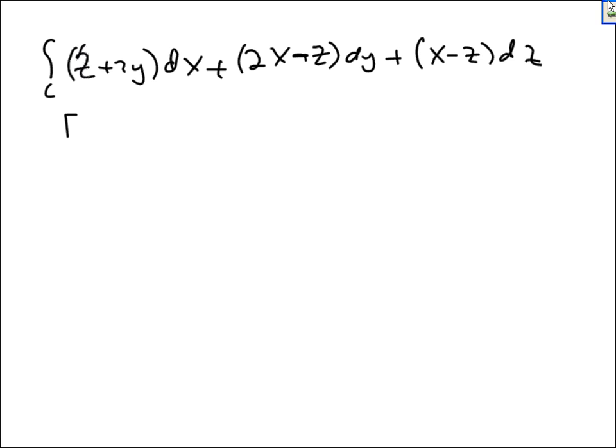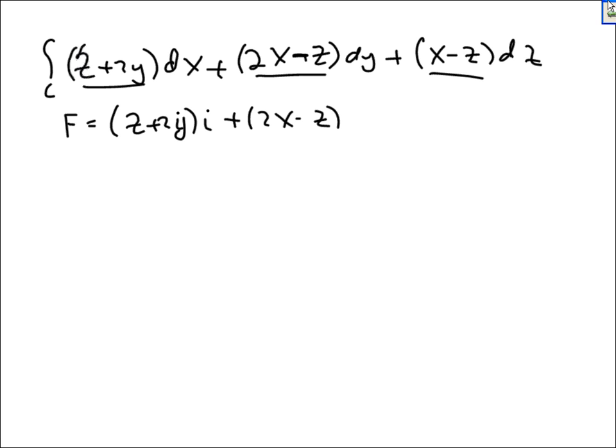Now, if you call F this i plus this j plus that k, z plus 2y i plus 2x minus z j plus x minus z k, you can figure out that the curl is 0. You can do that calculation and you can get that the curl is 0.